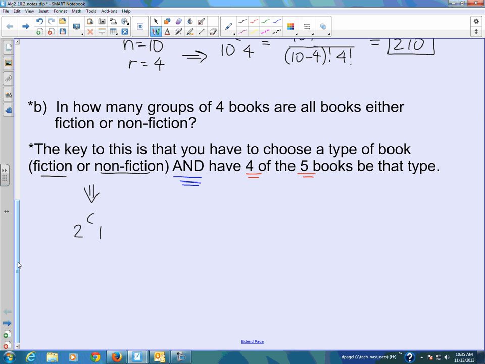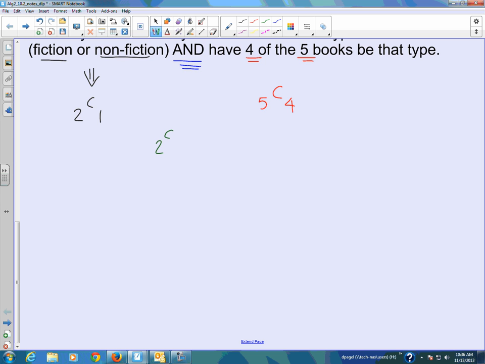Then we have our 5 books that will be either fiction or nonfiction, and I want to pick 4 of those. So now we have a combination where I've got the 5 books, and I want 4. What happens with these is we blend them together, and we end up with a 2C1 times a 5C4.